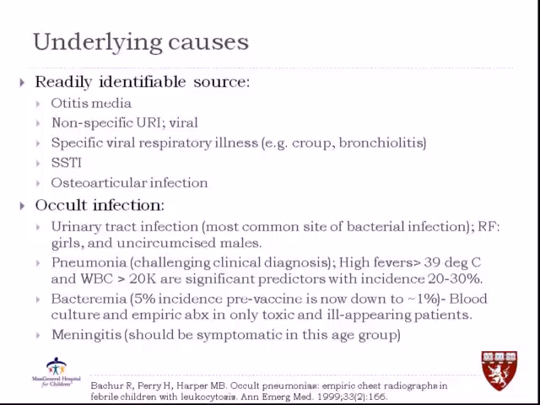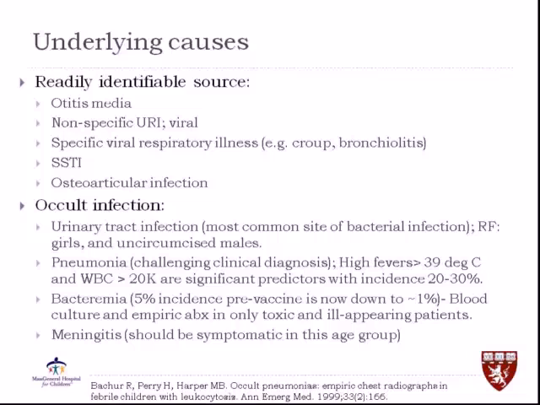And non-specific URI, viral URI now, with our improved point-of-care testing, our rapid RSV, our rapid influenza, these non-specific URIs become much more specific, and we give a name and a pathogen to those phenotype of illnesses. And actually, there's ongoing effort now not only to do rapid testing for some of these, influenza and RSV, and I know for a fact that there are other viruses and perhaps other pathogens, including atypical bacterial pathogens.